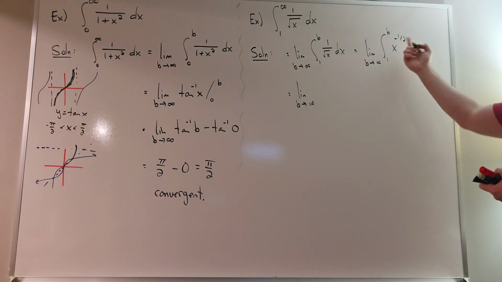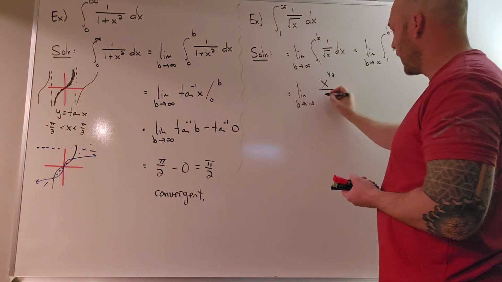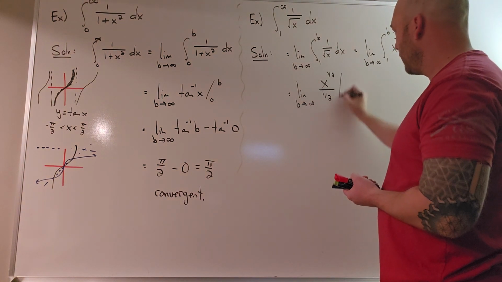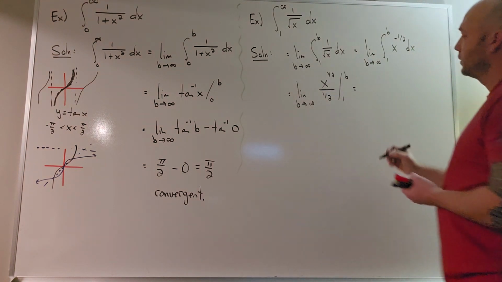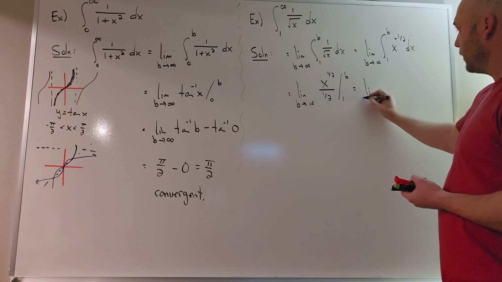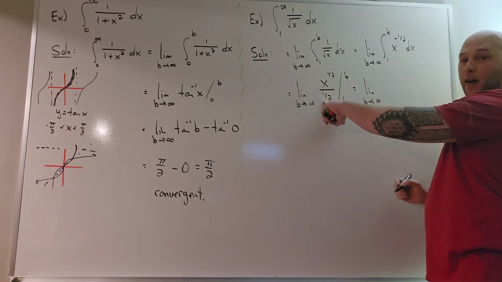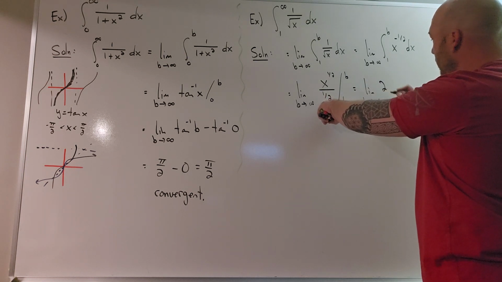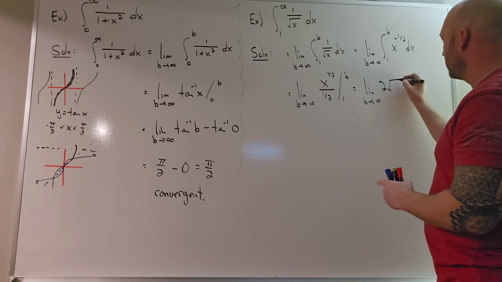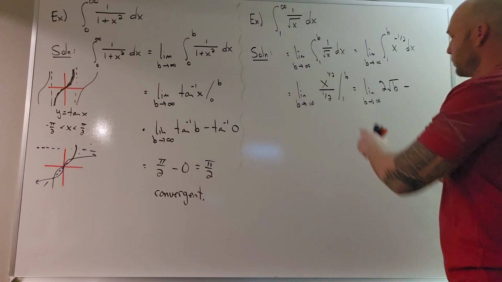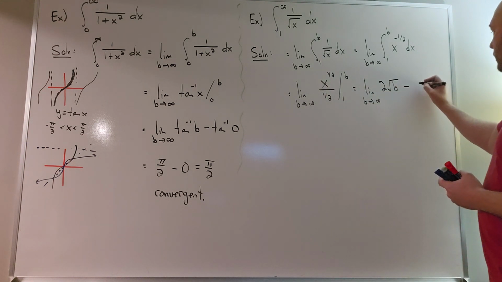Negative 1/2 plus 1 gives x to the 1/2, divided by the increased exponent. Evaluate that from x equals 1 to b, giving me the limit as b approaches infinity. Now, the reciprocal of 1/2 is 2. That would be 2 times the square root of b, from plugging in the upper limit of integration, minus, plugging in the lower limit of integration, 2 times the square root of 1.